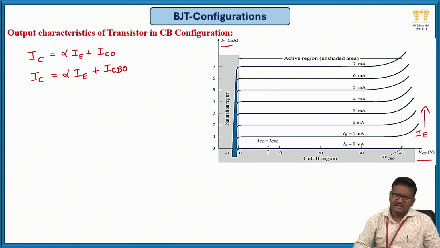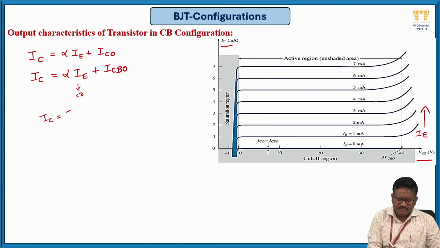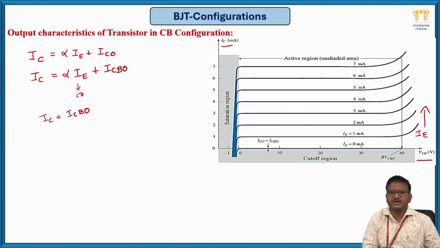First try to slightly increase IE. Initially IE is equal to 0. When IE is equal to 0, what is IC? IC equals ICBO. So your output current is nothing but the reverse saturation current.